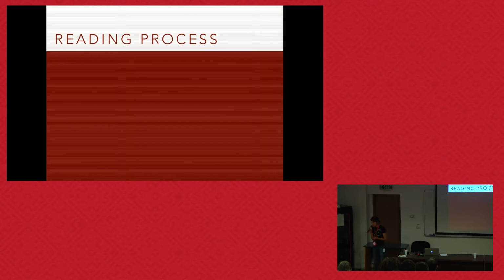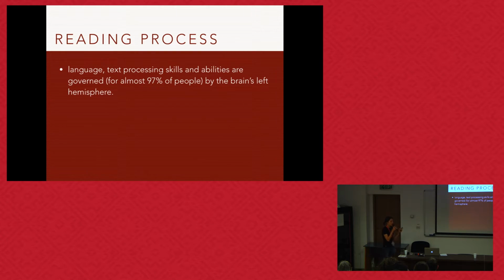Reading process is a must, and is dictated very well by our brains. Our processing skills are, let's say, okay. If you are governed by the left hemisphere, it's very okay.